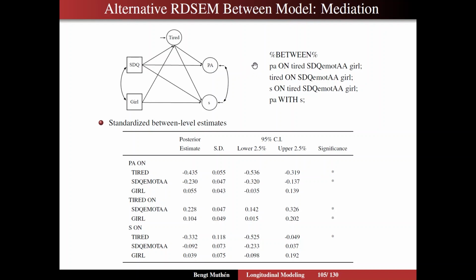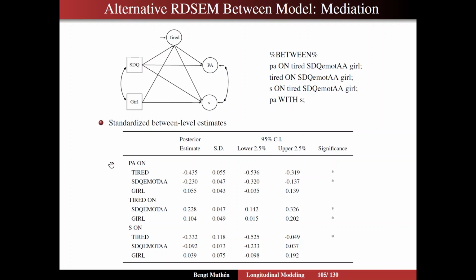So this is on the between level now. So we have mediation on between, PA on tired and the covariates, and tired on the covariates. And we can also add S on tired and covariates, and a correlation between the two dependent variables here.